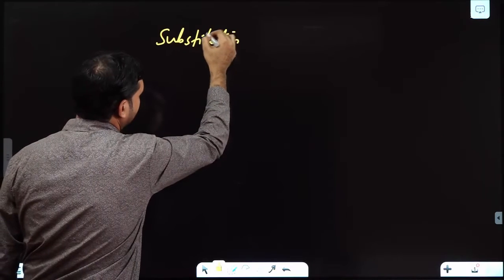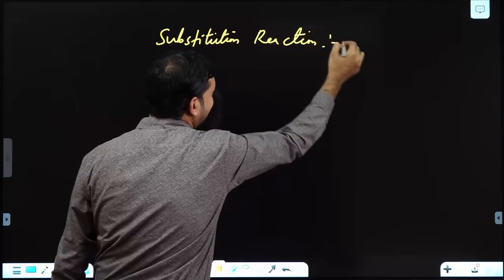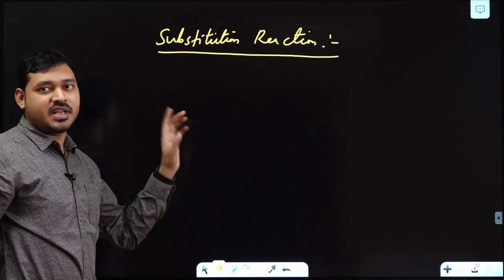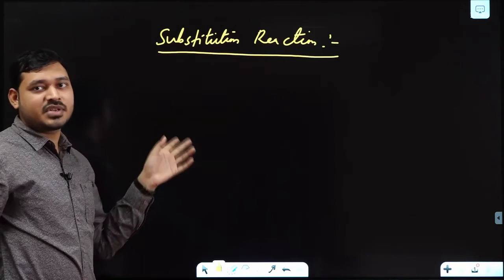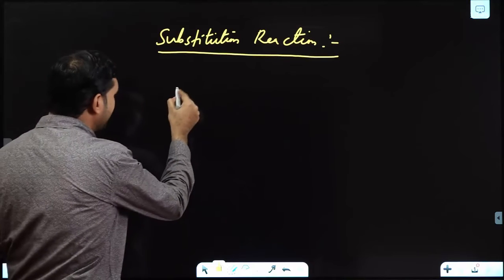Substitution reaction. Dear students, if you check the earlier reactions I used, both were substitution reactions only. Let me give you an example.